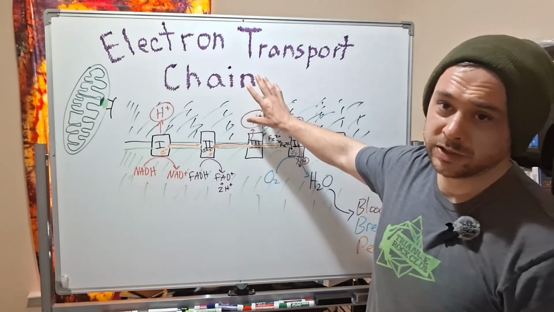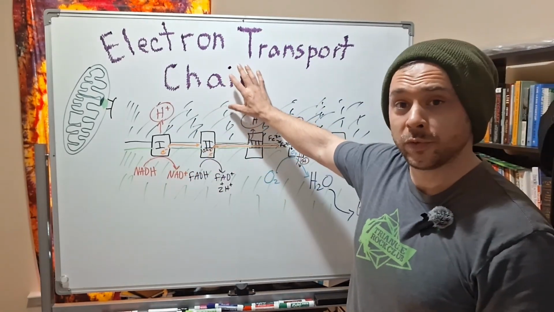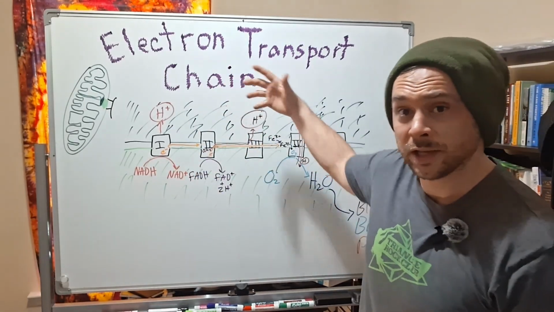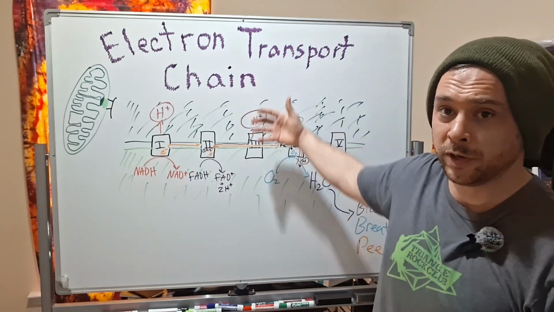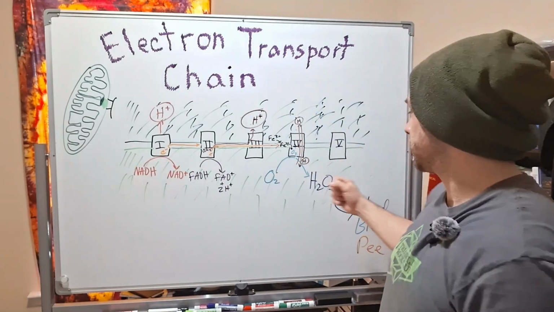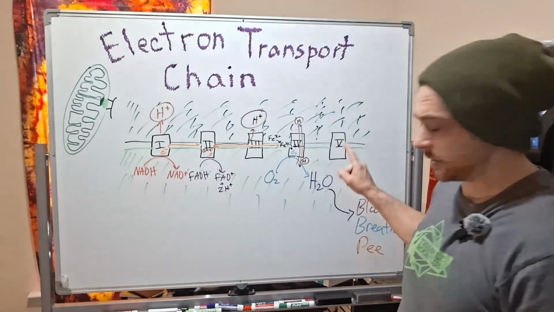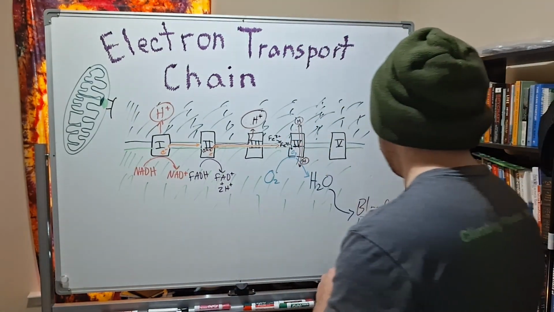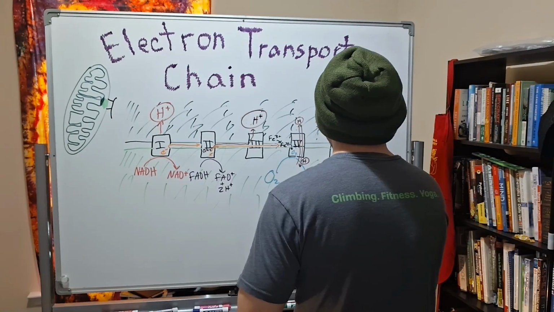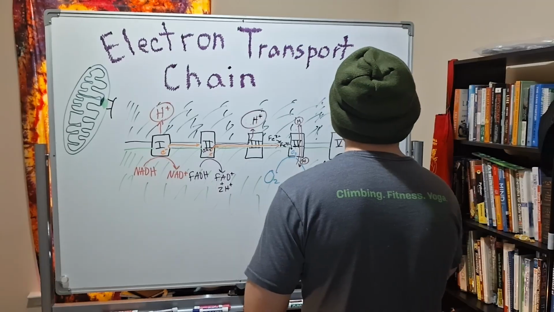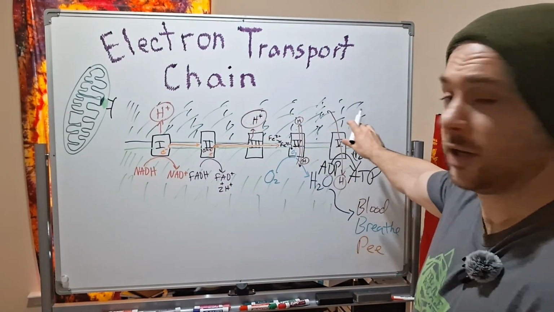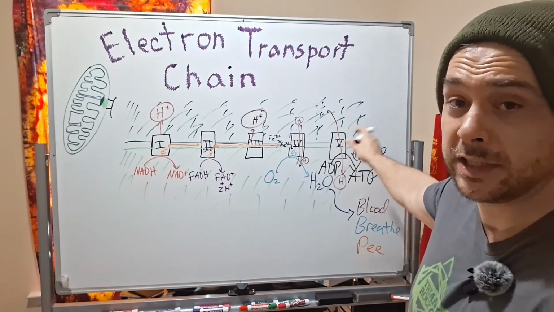So we donate the hydrogens from the food, not the carbon, the hydrogens, to create an electrical gradient, a positively charged inner membrane that's going to create the energy that's necessary in the complex. I guess I got to write that down because it's like the whole thing. ADP, ATP. This entire electrical gradient is all there to help create this ATP.